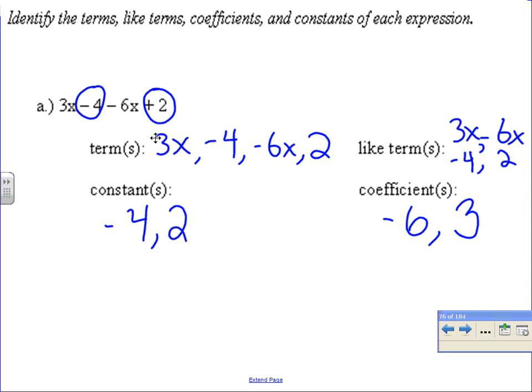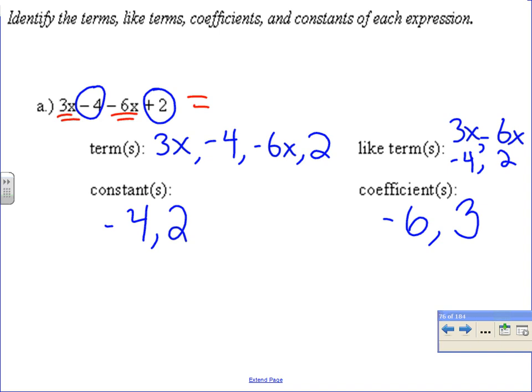Okay. So let me ask you this. If I told you in this problem to combine like terms, what do I mean by that? Anyone know? Combine like terms. Briar, what do I mean by that? Great job.